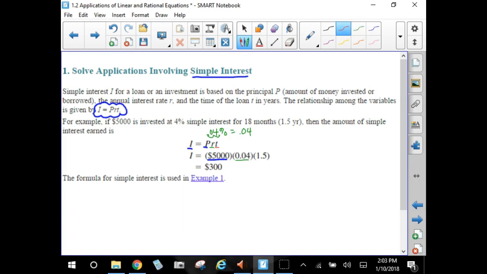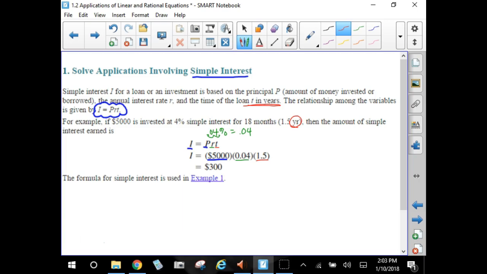The time in a simple interest formula must be in years. That's what it says above. The time must be in years. So for the 18 months, that's why down here they have a year and a half, 1.5 years. So the interest earned off of investing $5,000 at 4% for a year and a half is $300.